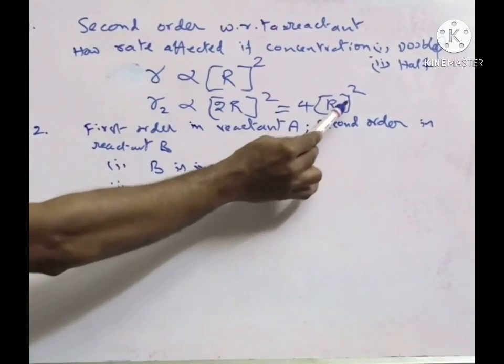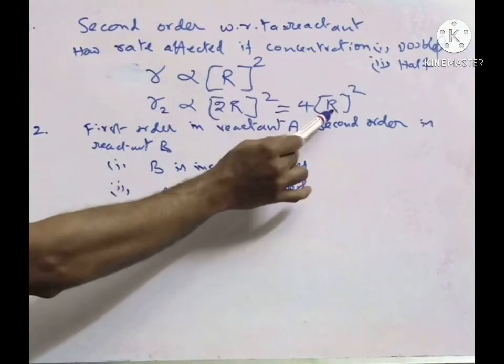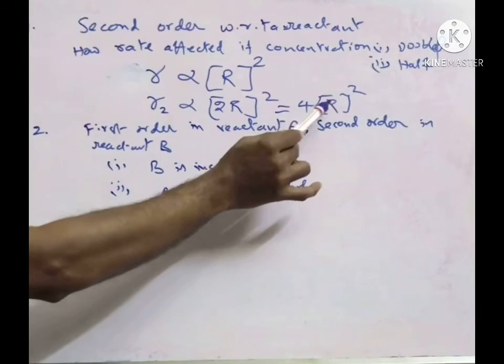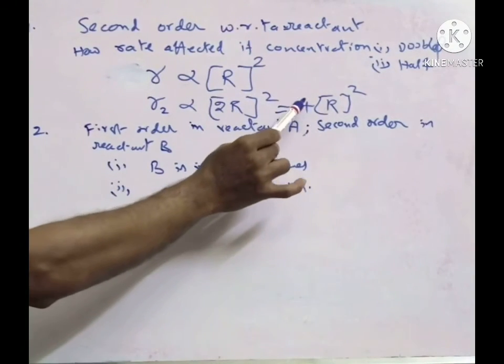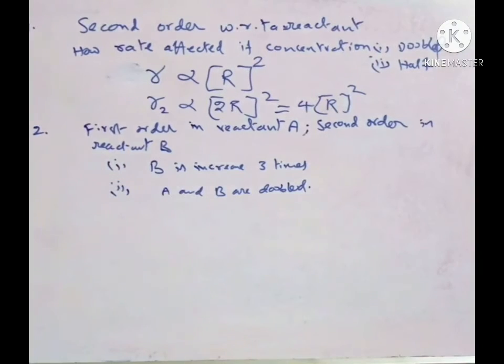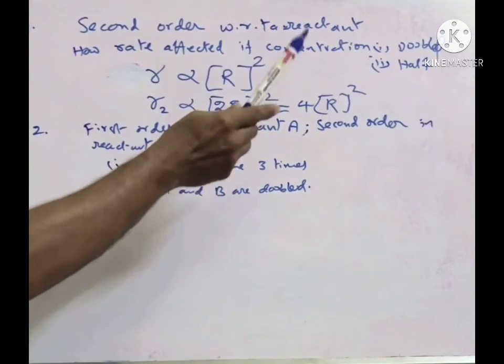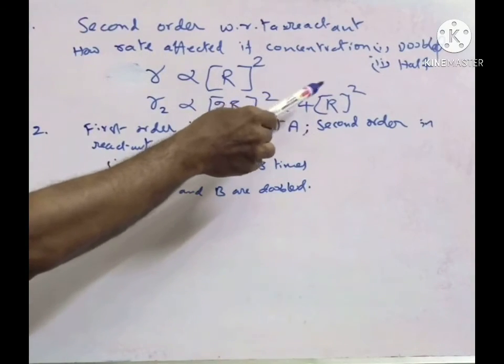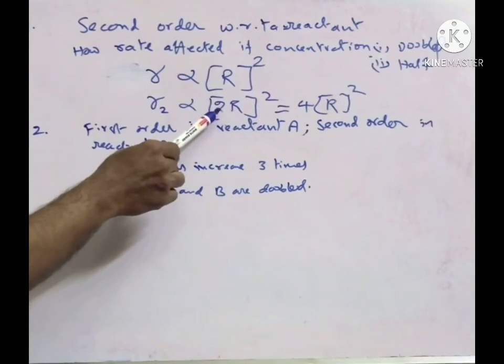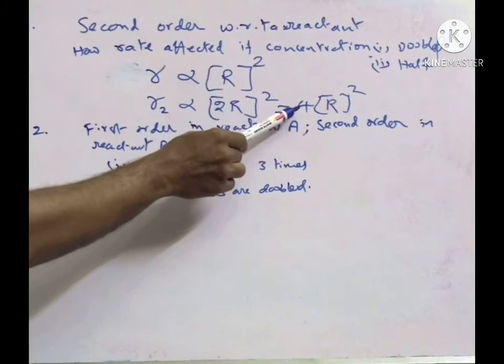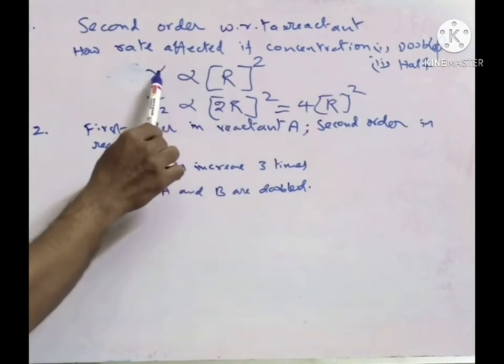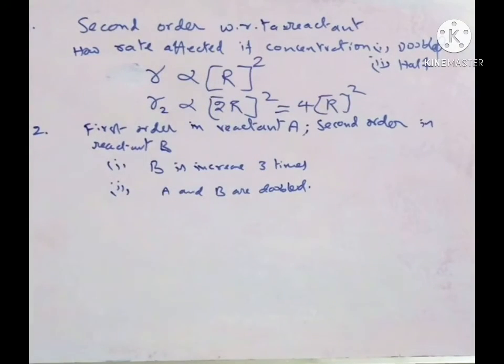This R2 is proportional to small r, that is the initial rate. So that is 4 into the initial rate, that is 4 times the initial rate. So the rate of the reaction becomes 4 times the initial rate if the concentration of the reactant is doubled. It will increase 4 times. So this is the first one.